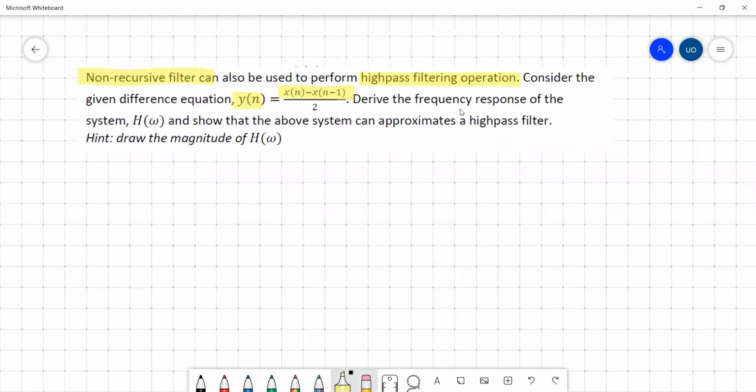High pass means that if you plot the response against omega, you have pi here, you have 0, and it should be something like that. The ideal high pass is something like that. We may have omega c, and whatever frequencies are between omega c and pi are simply filtered out. This is high pass.